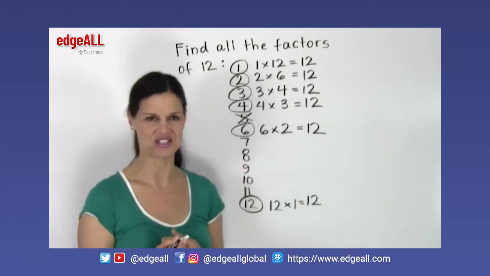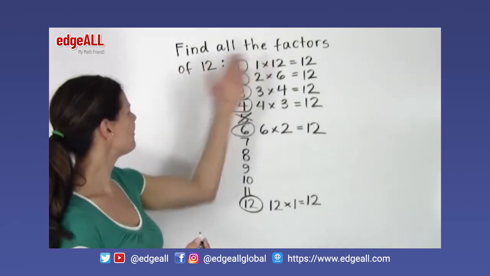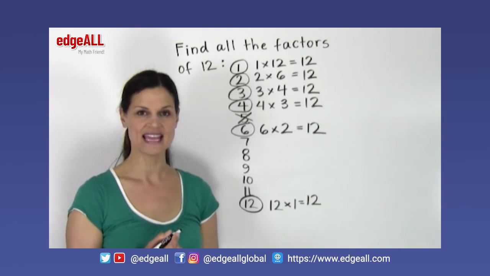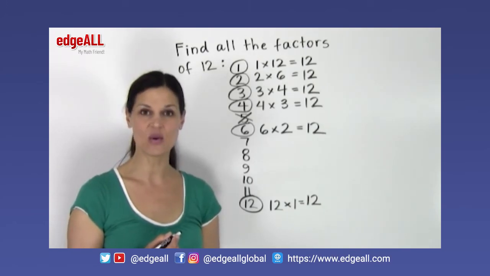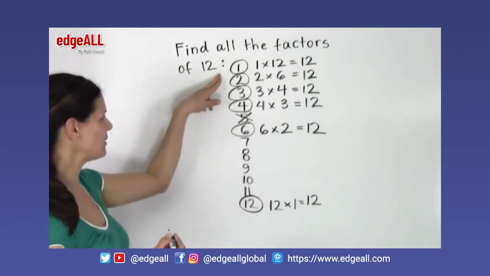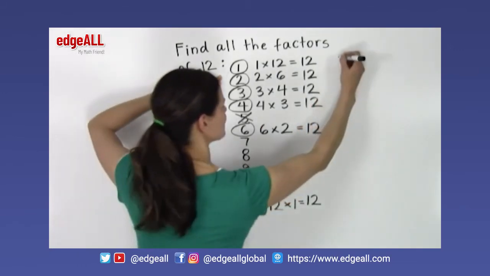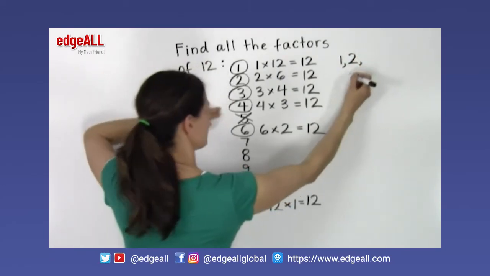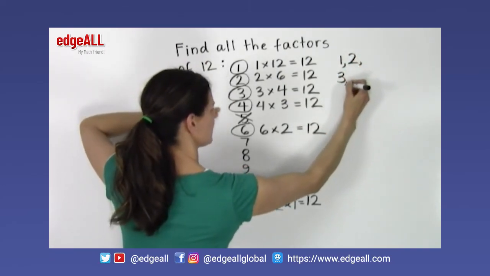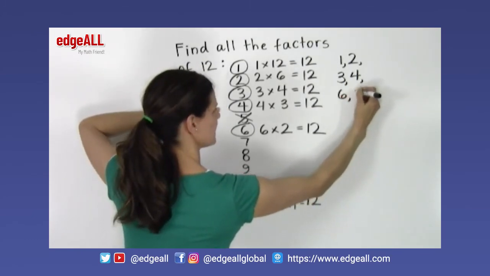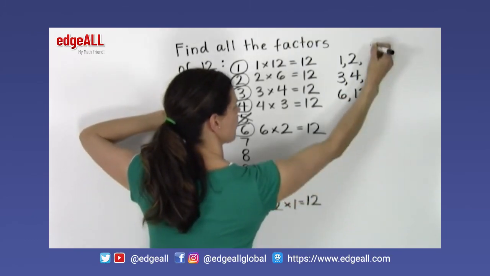So for writing down my solution to this problem, or the answer to the question of finding all the factors of 12, I would list in order the numbers that we just circled. So the factors of 12 are 1, 2, 3, 4, 6, and 12.